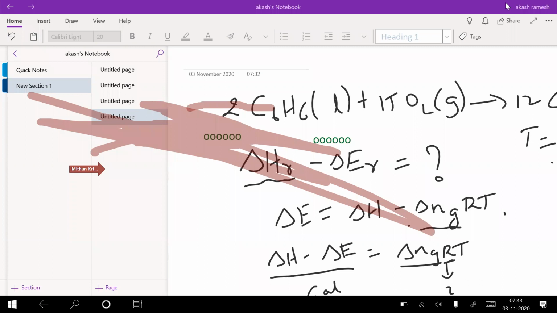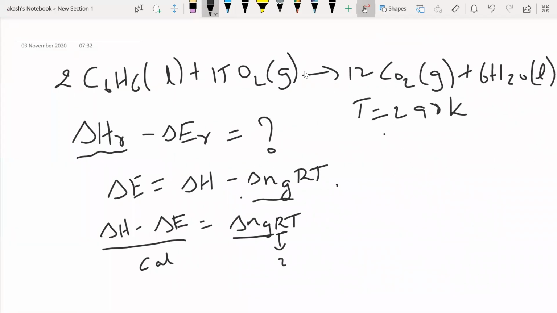Fine. So I go back to this, right? So how do you find delta Ng? Delta Ng is equal to total stoichiometric coefficient of gaseous products minus total stoichiometric coefficient of gaseous reactants. As I told you, solids, liquids, aqueous solutions, you should not take into account.